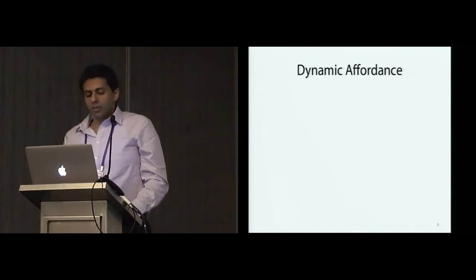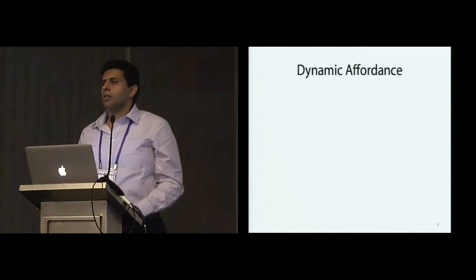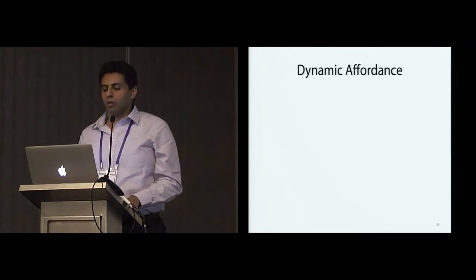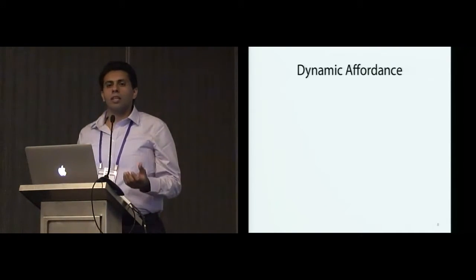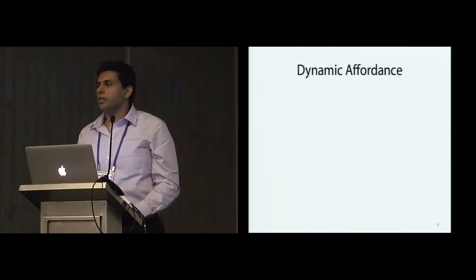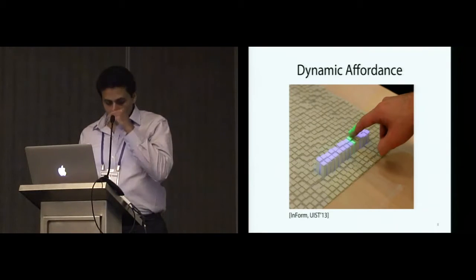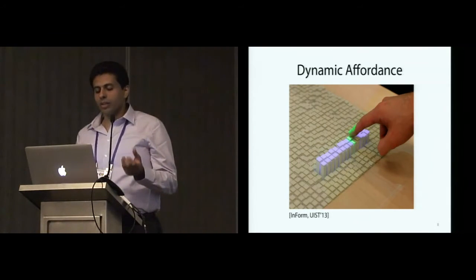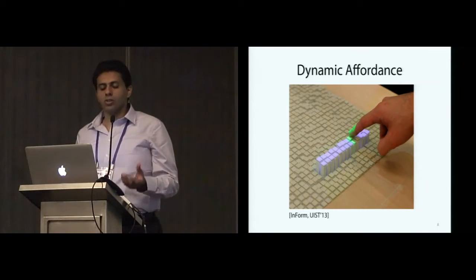However, despite the existence of these studies, some of the core elements of user experience are still not well understood, for example, dynamic affordances and feedback. Dynamic affordances are one of the key elements of user experience in shape change, introduced in Inform using dynamic physical features in order to guide users on how to use the system.